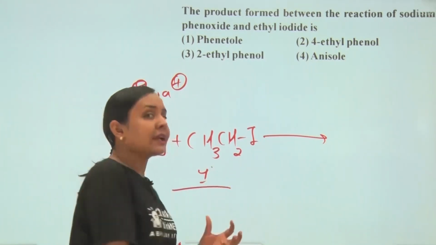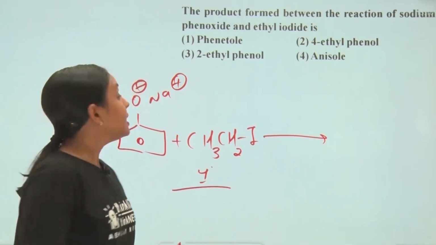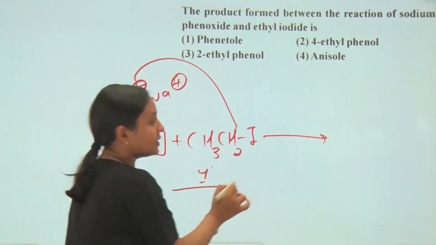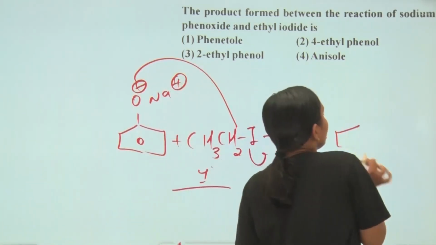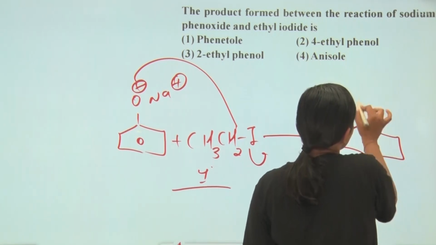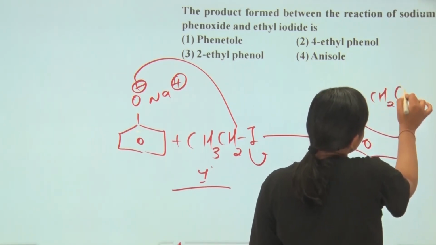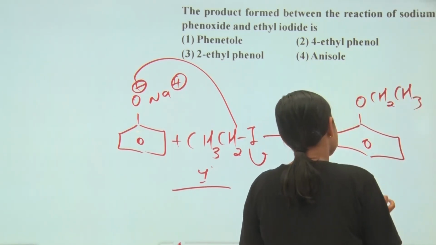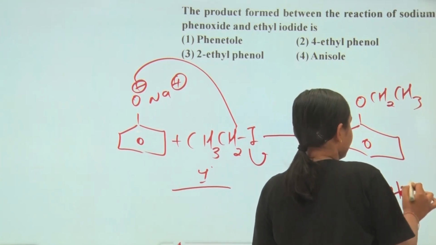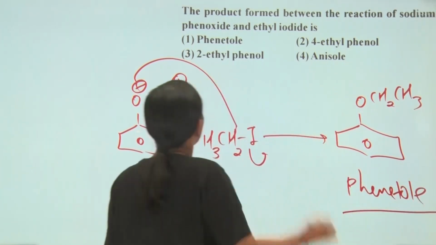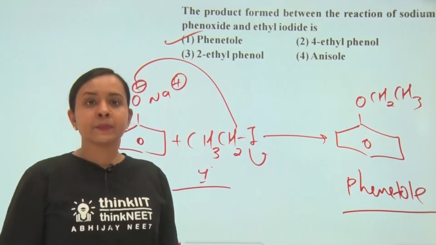So with a primary alkyl halide, it will behave as a nucleophile. It will attack the electrophilic carbon and here the I minus will be released. So formation of ethoxybenzene will take place, OCH2CH3. This compound is known as phenetole, right? So here option 1 is the correct answer. Thank you.